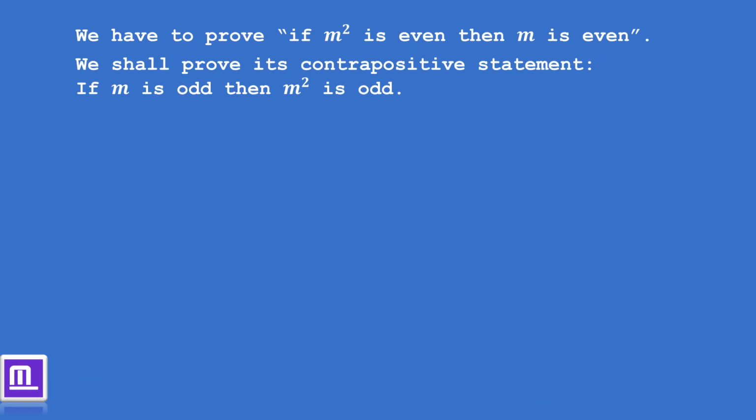What is the contrapositive statement? If P implies Q, then the contrapositive statement of that statement is, not Q implies not P. So if m is odd, m square is odd is the contrapositive statement of if m square is even, then m is even.